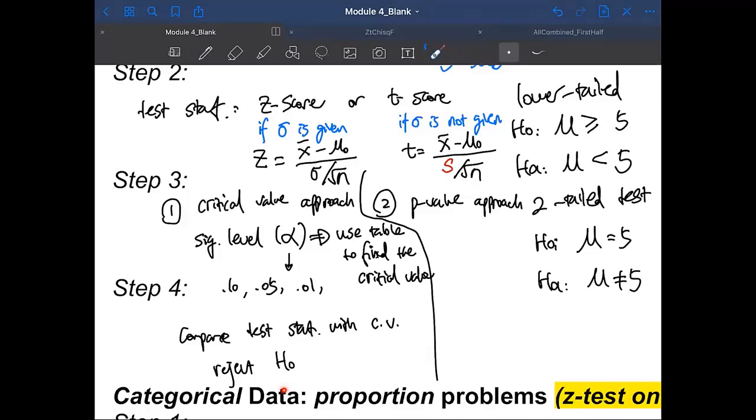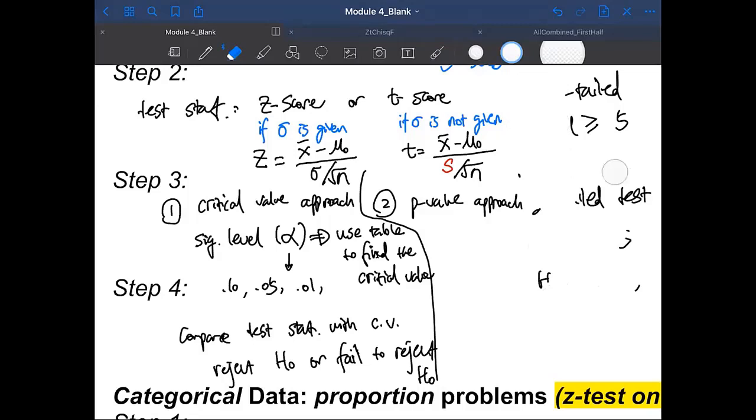So not enough evidence to reject it. So you can reject it, or fail to reject the null. I'm just going to erase this part because I need a little bit of space here.